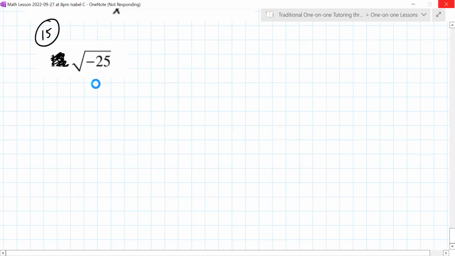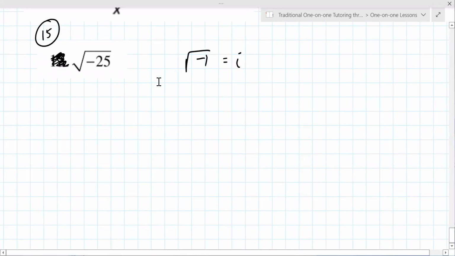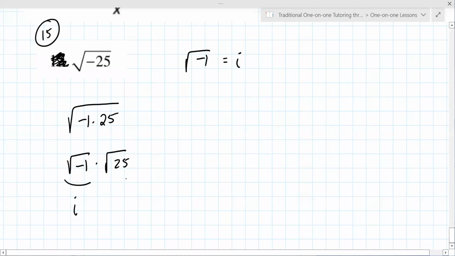So you have to treat this as the square root of -1 times 25, and then you break it apart: square root of -1, square root of 25. The one on the left is i. The square root of 25 is 5. It's preferred to put the number before the i.